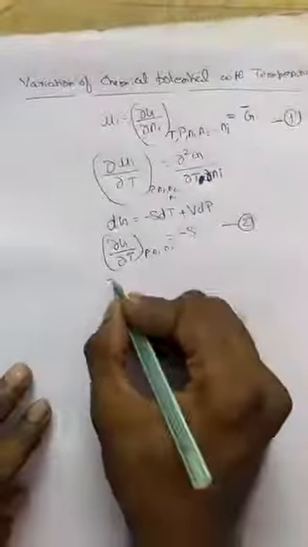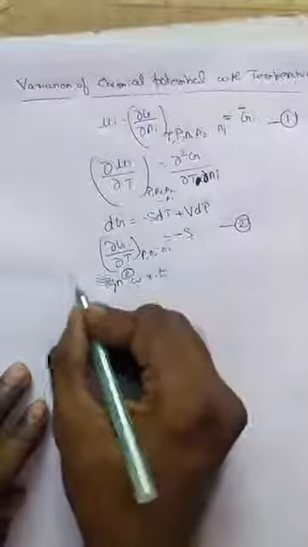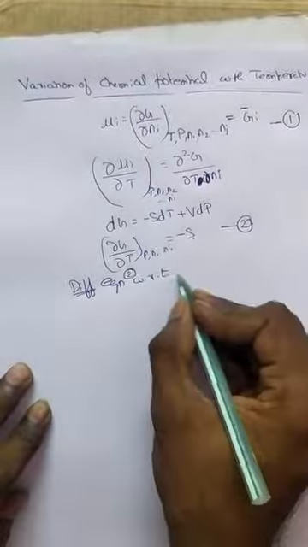Now if I differentiate equation 2 with respect to Ni, what will I get?